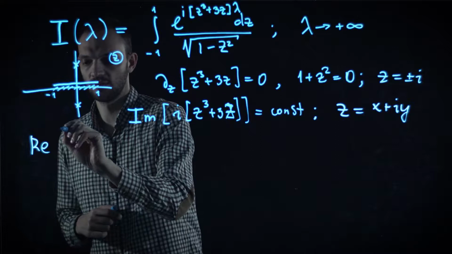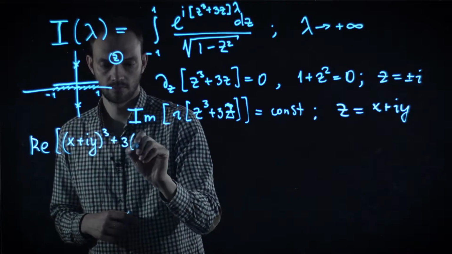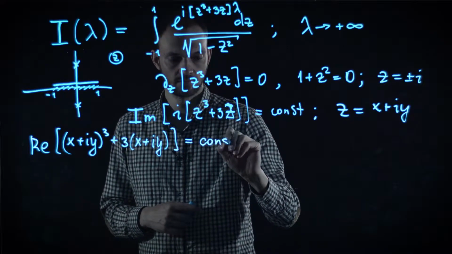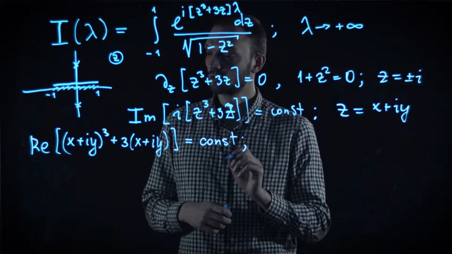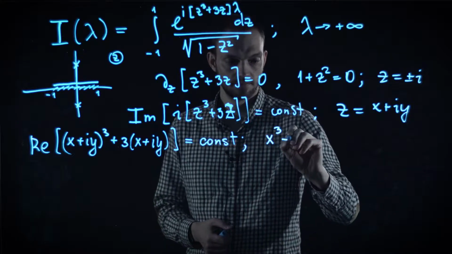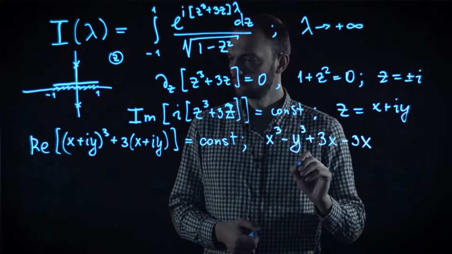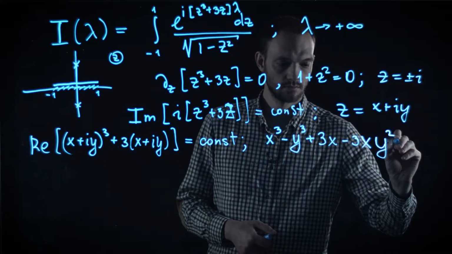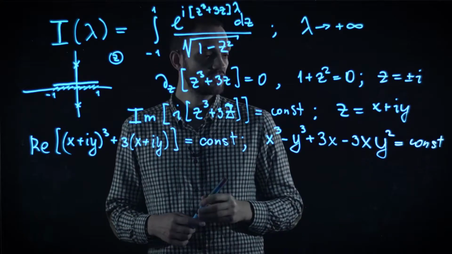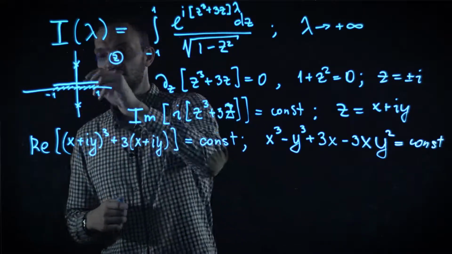And in order to resolve this, note that immediately it becomes the following expression. So the real part should be constant. And in other words, going even further, we figure out that the equation becomes the following. And now we need to choose such lines of that class which pass through either saddle points or endpoints of our integration domain.